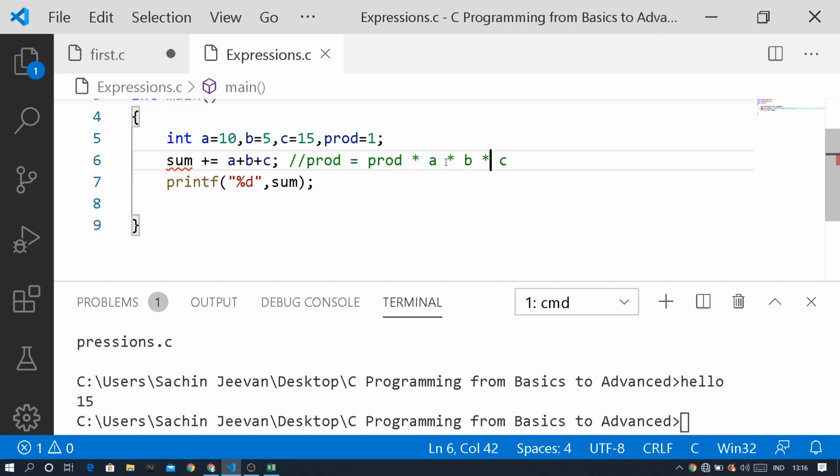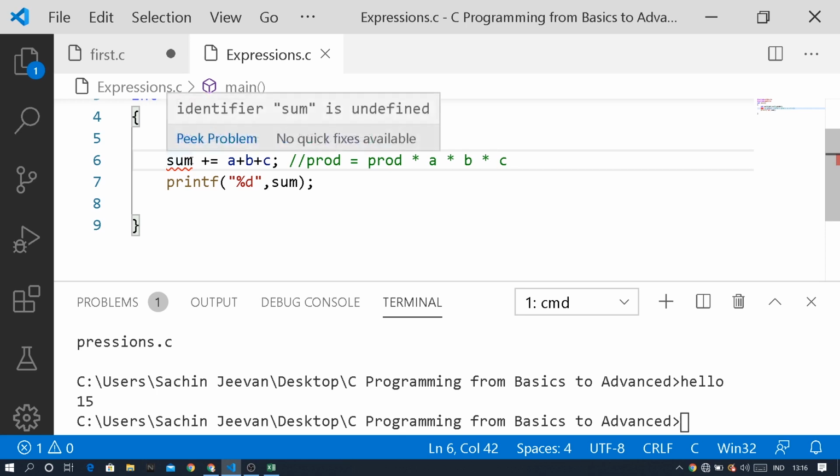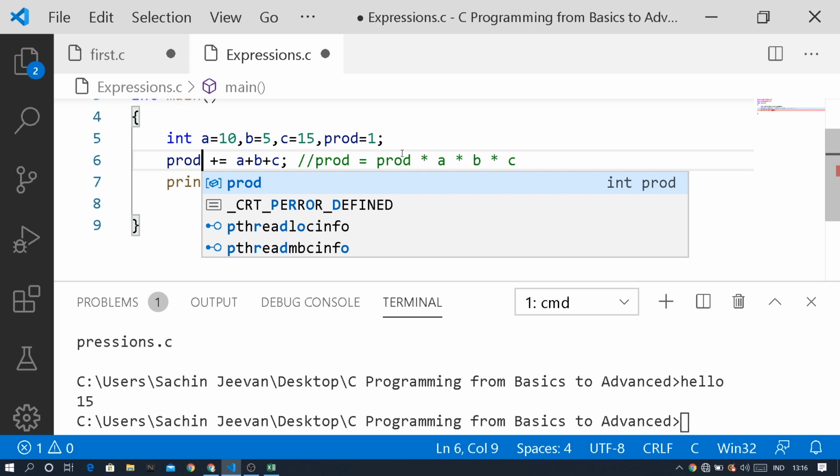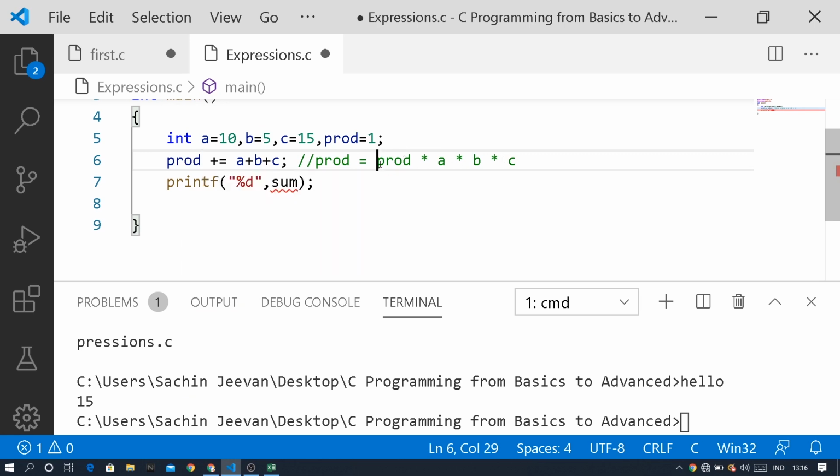And what is the procedure I told you? Whichever variable occurs on the left and right side, you write on the left side of the equation, followed by the corresponding operation that we are doing. Here we are multiplying with the existing product value, so it should not be plus equal to, it should be multiplied by equal to. Then what are the remaining variables? With the same expression you have to repeat. So this has to be a multiplied by b, followed by b multiplied by c.